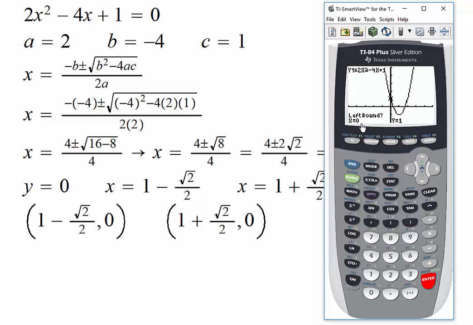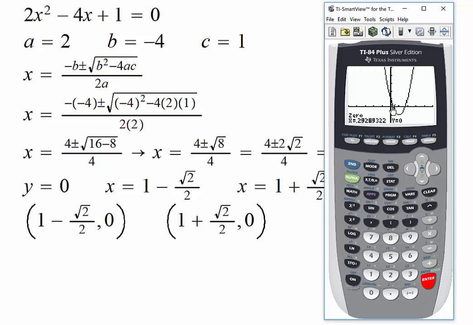It says we have to give a point on the left of this, so we'll say okay. Then it asks us for a right bound, so we'll go slightly to the right. For the guess, it will start at a value for us to approach that intercept, and in this simple case, it will start at a good value generally.